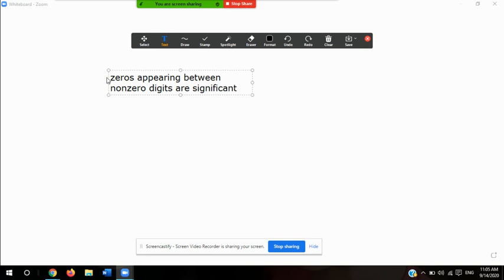For example, if we have 40.7 and we have 87.009, these are significant because those zeros are actually located between non-zero digits.